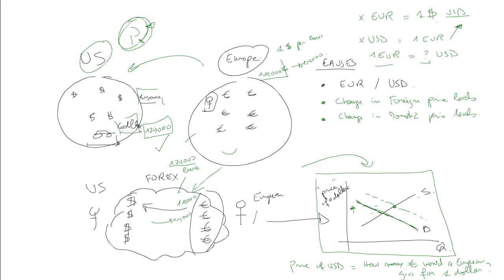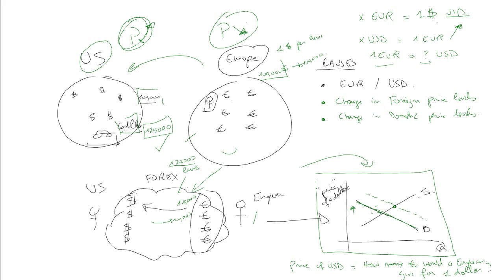If the price levels in the US went up, a dollar is more expensive to buy for a European. You need more euros to buy a dollar. And similarly, if prices in Europe, for example, go down, then the price of a dollar would also be more expensive for a European.